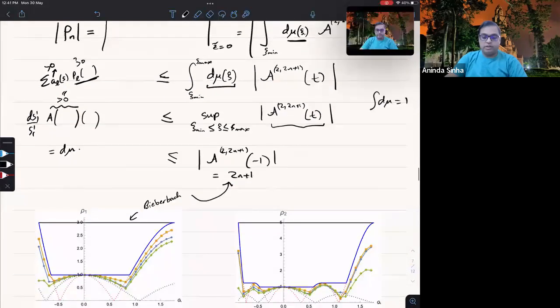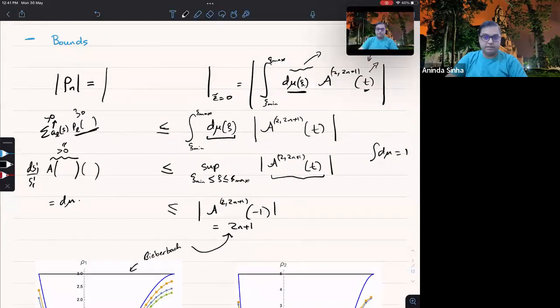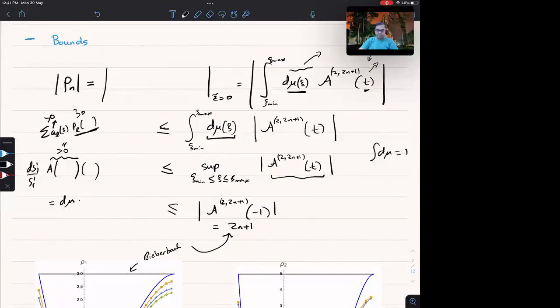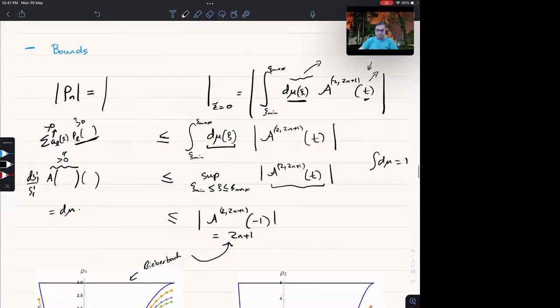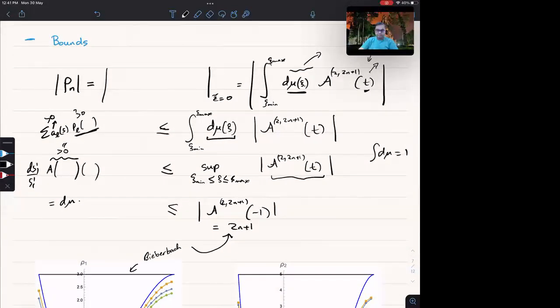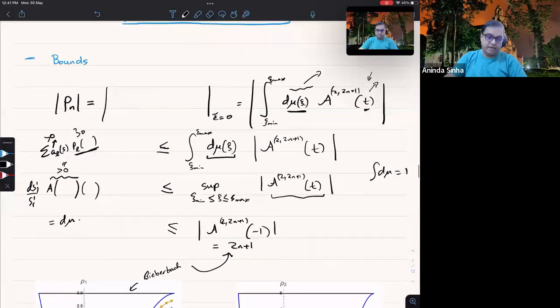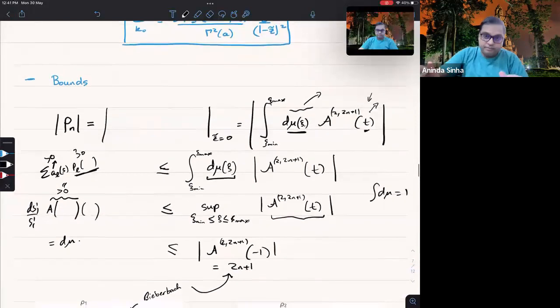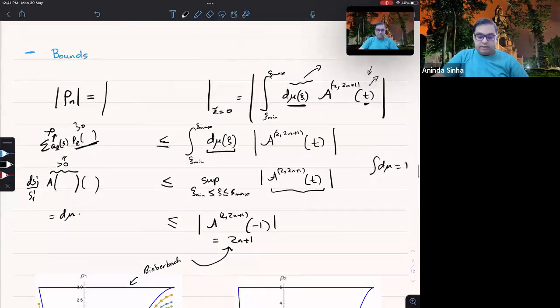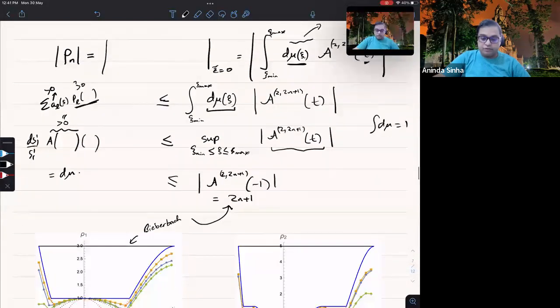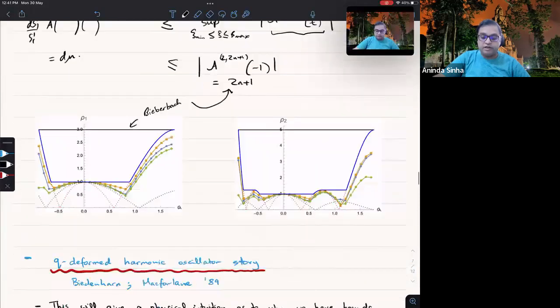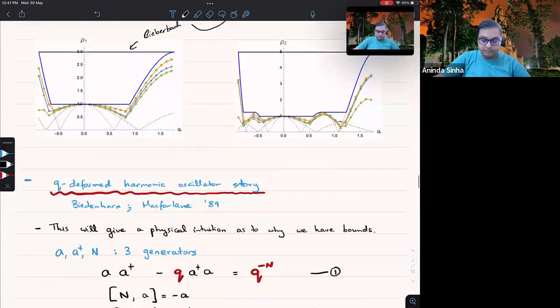No. The polynomial parameter is t. Yeah, but I suppose you can always integrate. It's just a parameter. There's no harm in integrating over it. Yeah, but what does it physically mean? So you can integrate, but what does it physically mean? So the question that I want to address is: what is the physical interpretation of this integration?